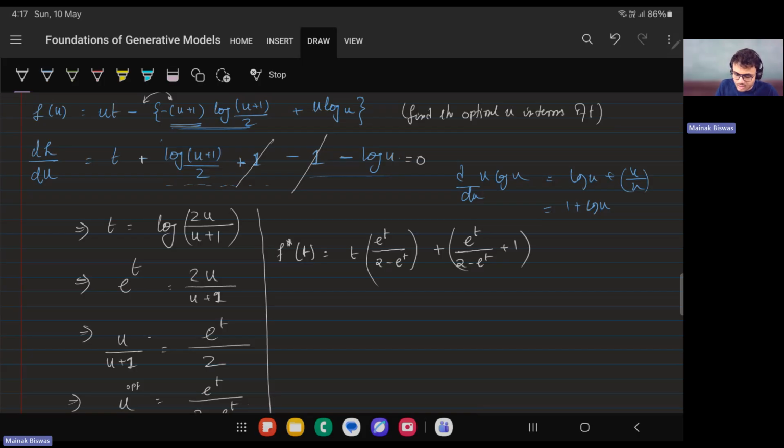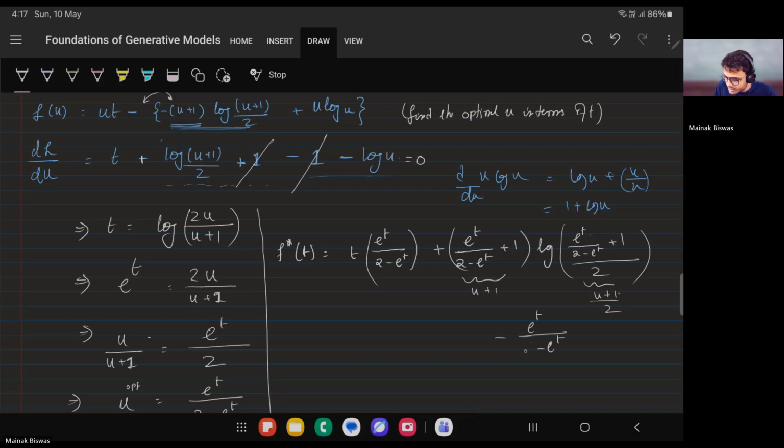This is my u plus 1's value, log of e to the power t by 2 minus e to the power t plus 1 by 2. Just putting the values of u. This is u plus 1 by 2, minus e to the power t by 2 minus e to the power t, log of e to the power t by 2 minus e to the power t, the u log u term.